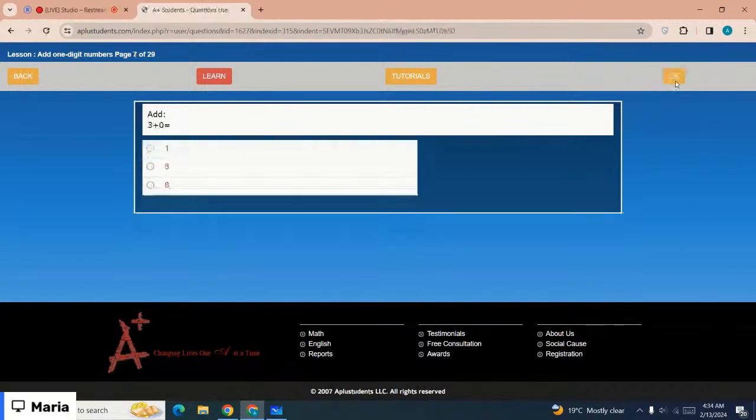The next one is add 3 plus 0. So, which is the correct option? Yes, that is 3. 3 plus 0 equals 3.